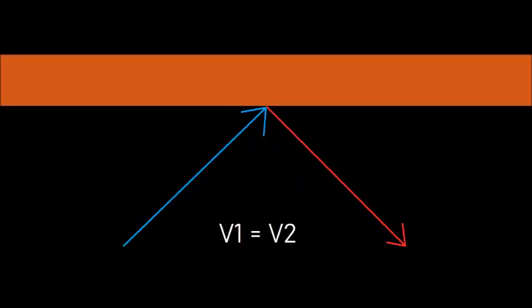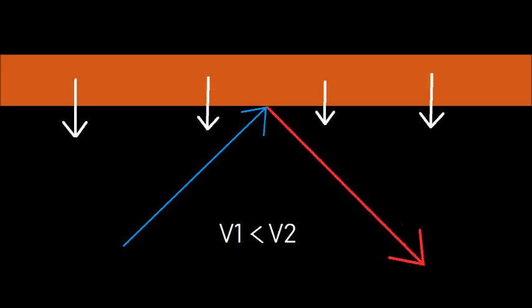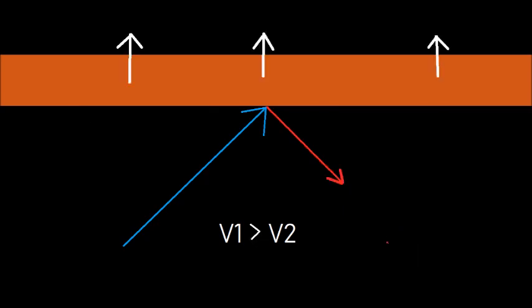Now, if the piston starts to move forward, it will be pushing these particles as it moves forward, making the particles move faster, therefore making the air get hotter as it gets compressed. The opposite occurs as it expands.